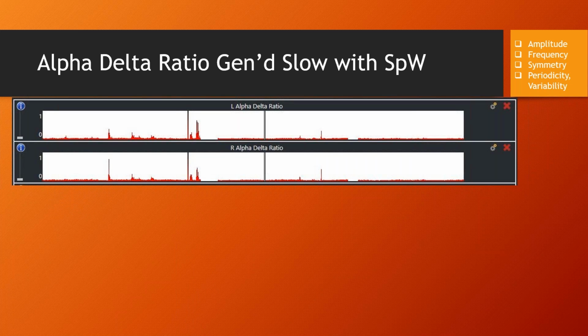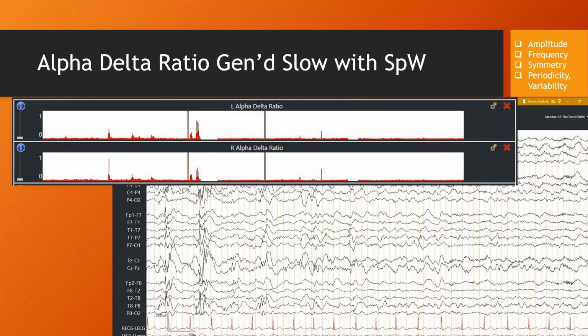I have a generalized slow study here that has spike and wave in it. Pretty unremarkable. What you see looks like a relatively low amplitude ratio, so to speak. The frequency is pretty invariant, except for these episodes where we have very short bursts of spike and wave.